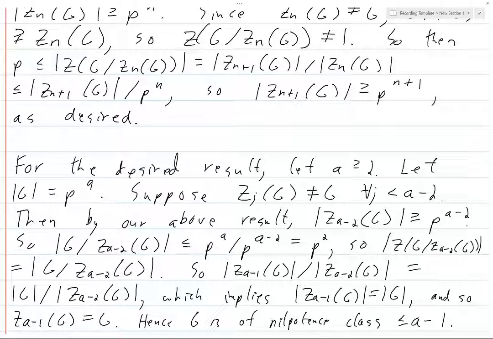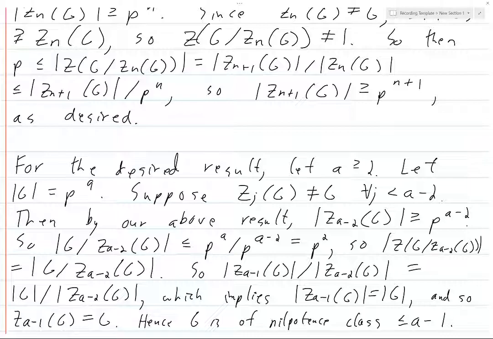And if you look at this result, it doesn't say that if you look at the upper central series of a group, then that will give you information about the group. What the problem says is that if you have a p-group, then its upper central series terminates, and furthermore, its nilpotence class is less than or equal to a minus 1. So you're taking a group, taking something that you know about the group, and finding out something about its upper central series.